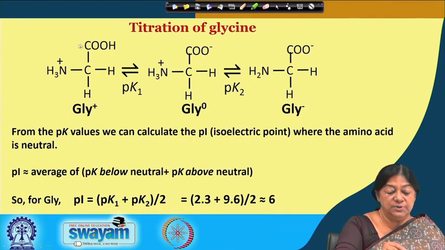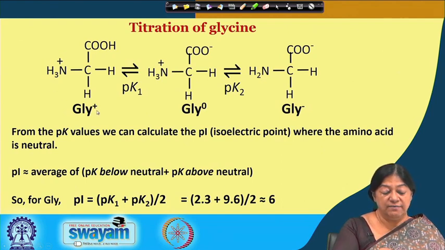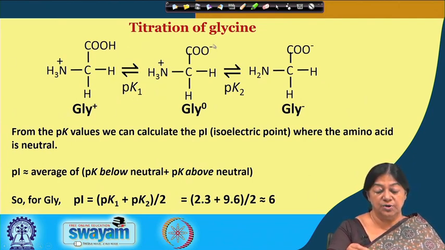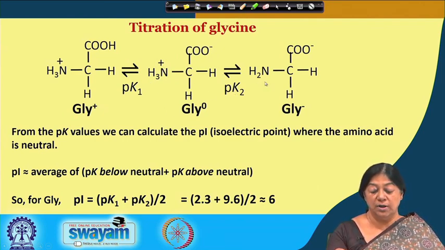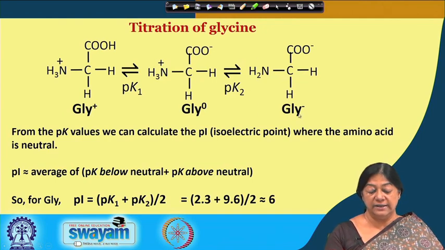So, the structure that we saw in the first case is glycine that is positive, where we just have a positive charge. pK1 means the loss of this proton, so it renders this neutral. Then we have pK2, which is the loss of this proton, rendering this as Gly negative.